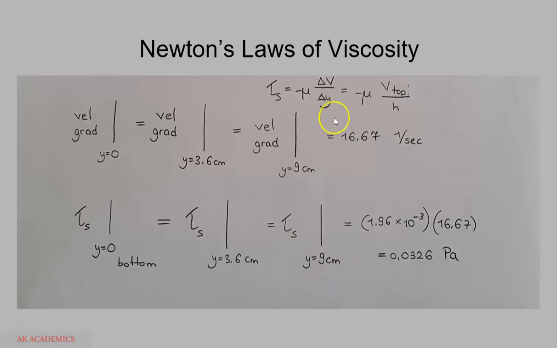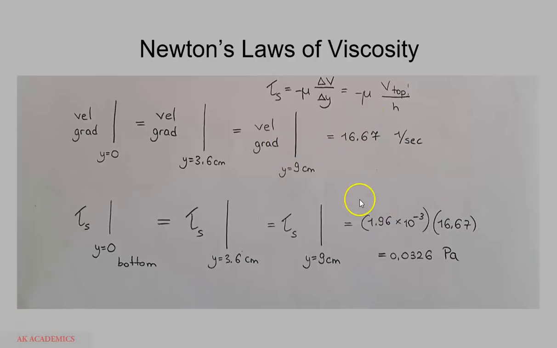All right, and that will be equal to the viscosity multiplied by V top over H, or delta V over delta Y, and we know that to be equal to 16.67. We have the viscosity as 1.96 times 10 raised to the power minus 3. If you multiply that out, you would obtain 0.0326 Pascal as our shear stress.